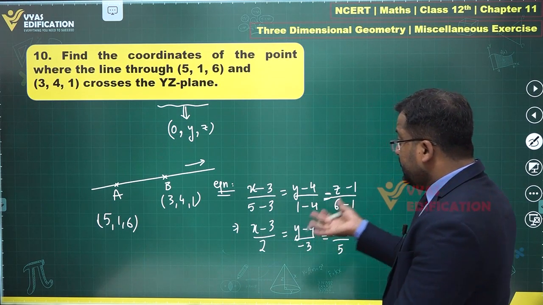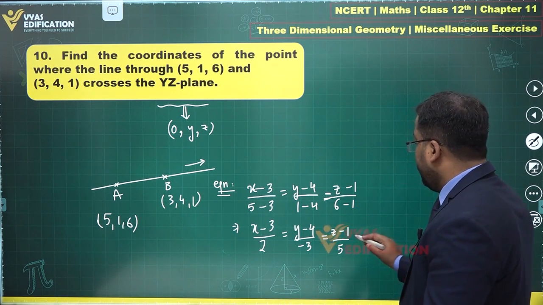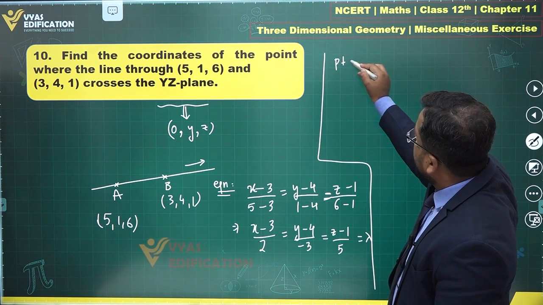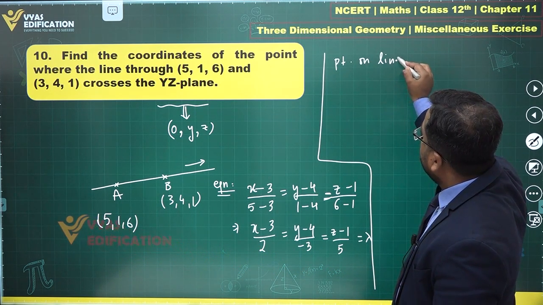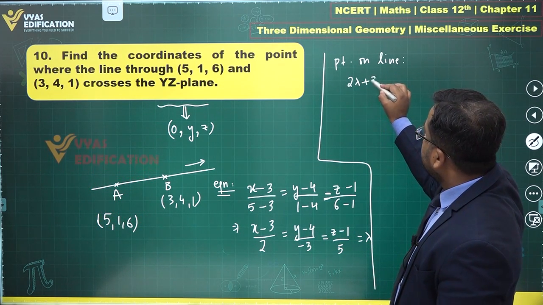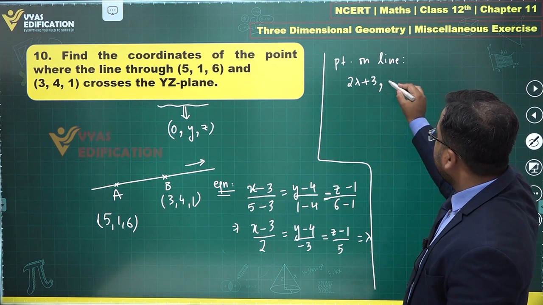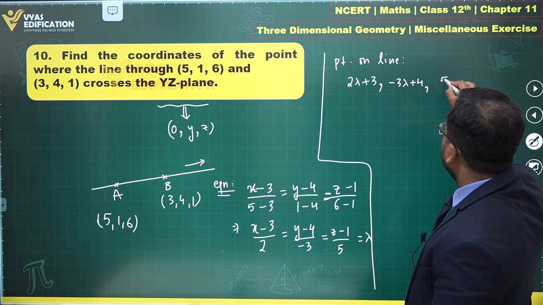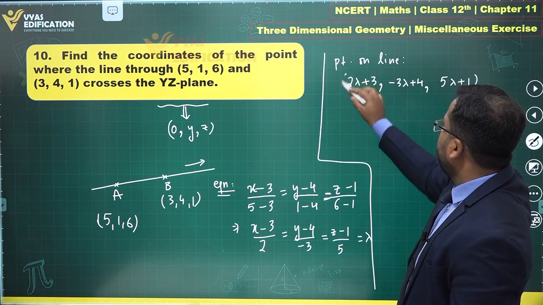So any point on this particular line can be found with the help of this. A point on the line will be 2 lambda plus 3, comma, minus 3 lambda plus 4, comma, 5 lambda plus 1. Now what's the important thing over here?